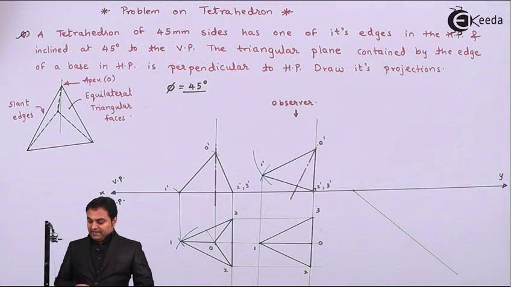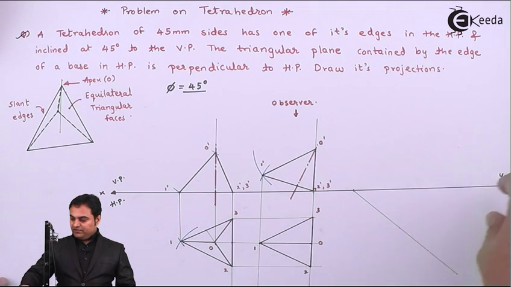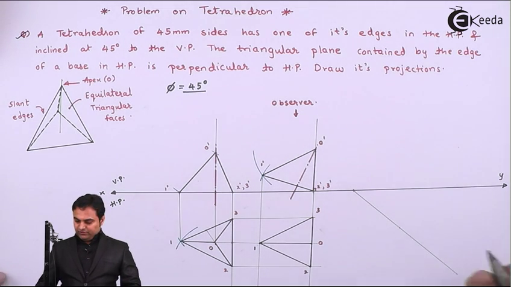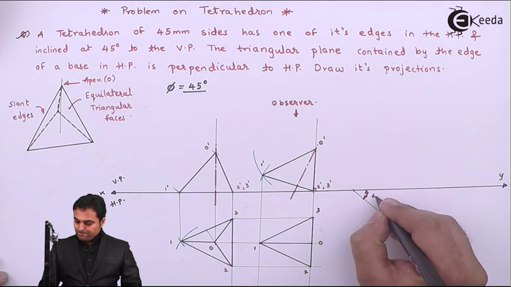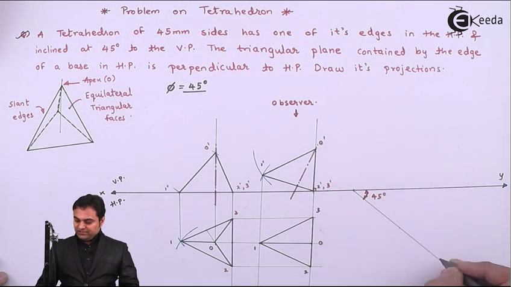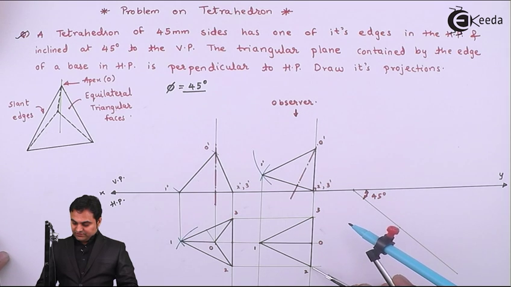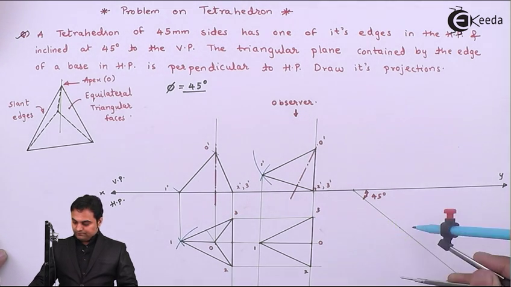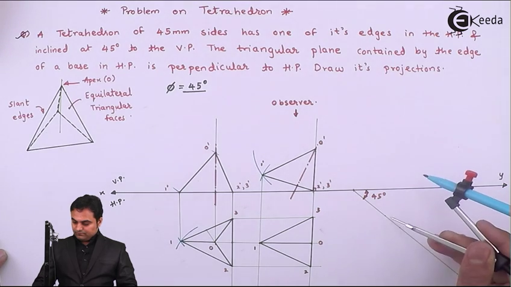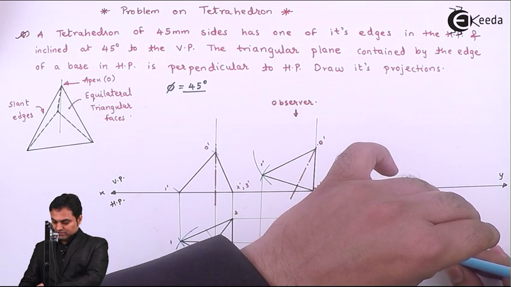So here we get an angle. Now I will be copying this edge, which is 2 to 3, on the given inclination, and that inclination is 45 degrees to VP, seen in HP. Measuring this distance from 2 to 3, marking it over this inclined line.